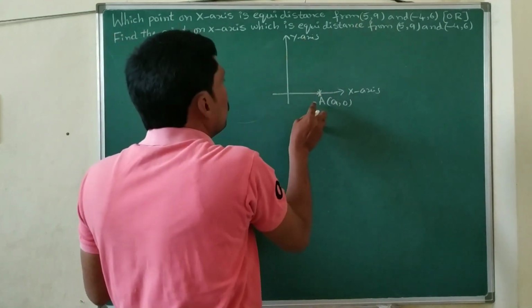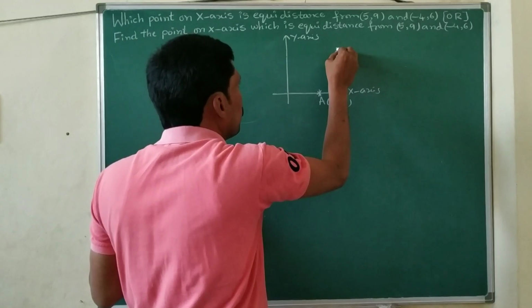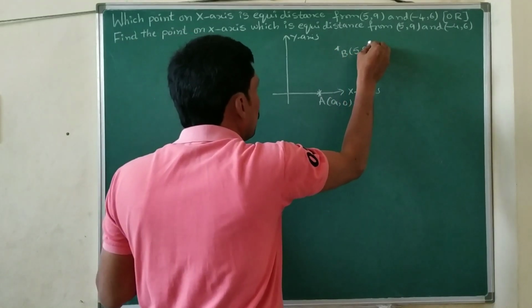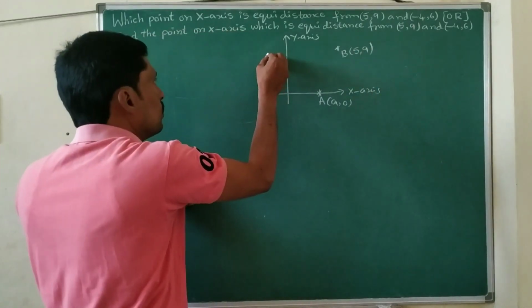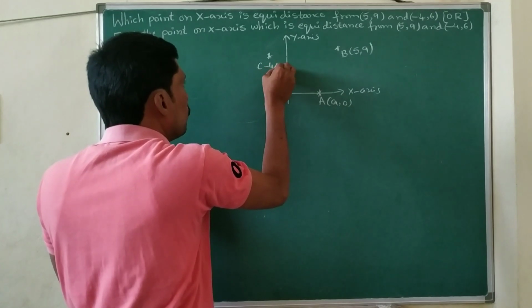Now one more point is (5, 9), this is B of (5, 9), and one more point is C of (-4, 6).